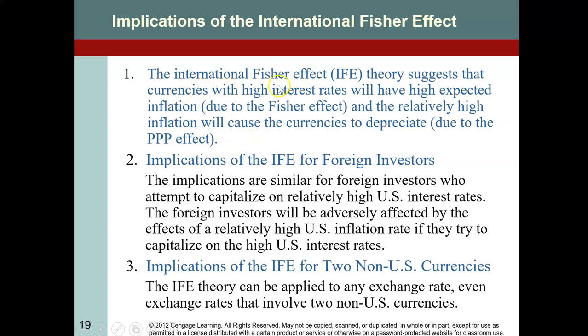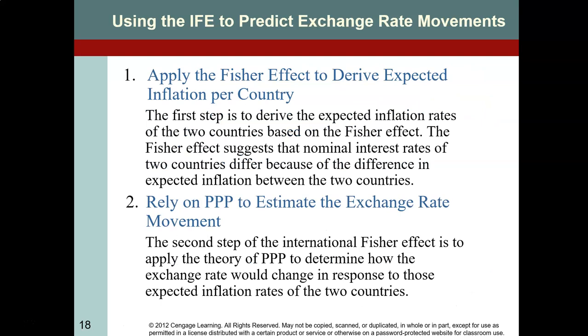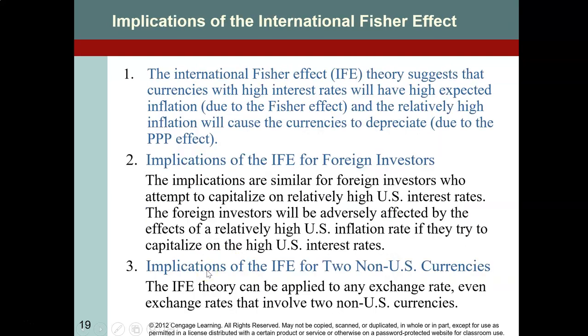The country with a high interest rate will have high inflation because of the Fisher effect, and then the relatively high inflation would cause the currency to depreciate due to the PPP effect. We have different interest rates because we have different inflation, and because we have different inflation, we would have different exchange rates.